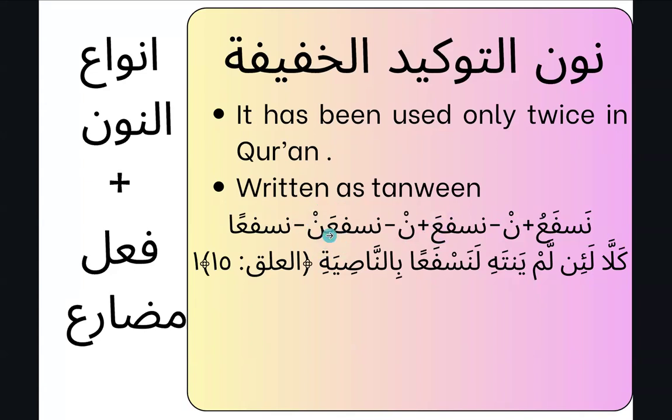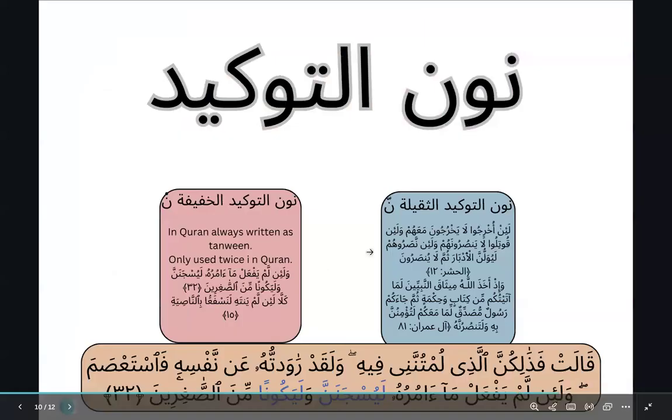In the Quran, instead of being written as nasfa'an like this, it is written in a tanween form, because remember, tanween has a noon which is read but not written. So always remember, nunu tawkid al-khafifa is always going to be written as a tanween. This is one of the two cases in Suratul Alaq where fail mudare has a tanween on it.